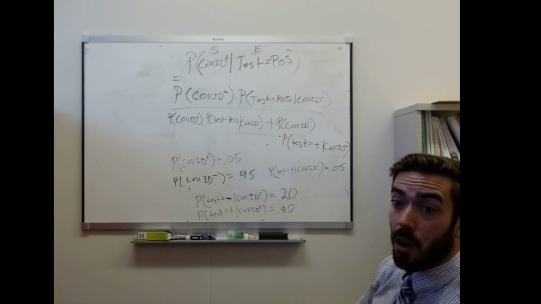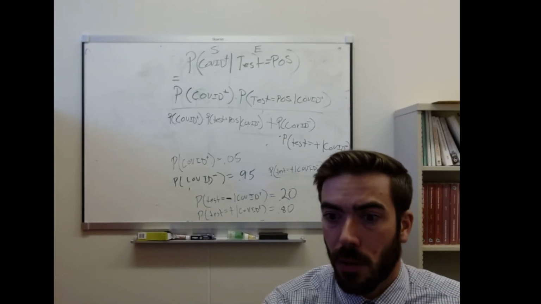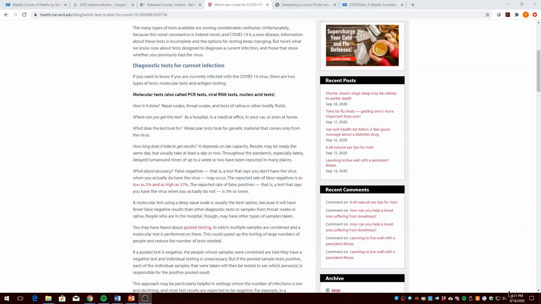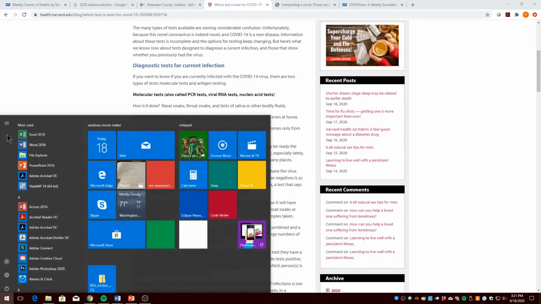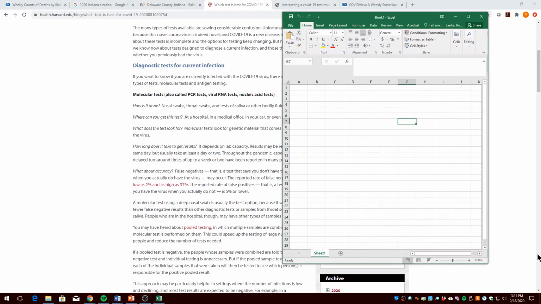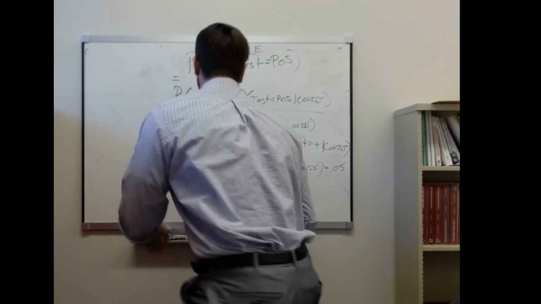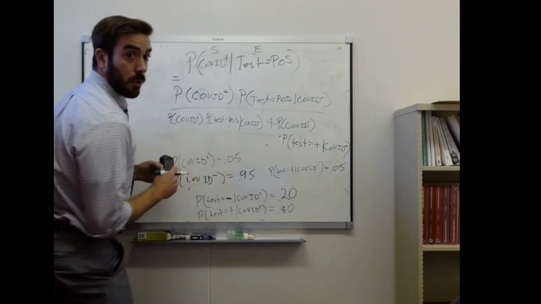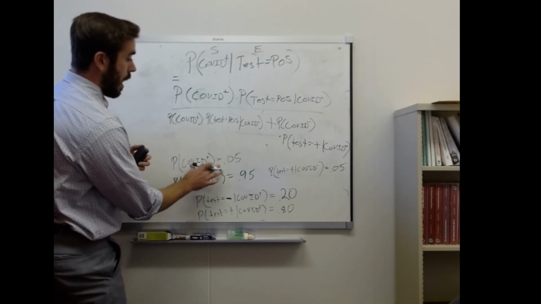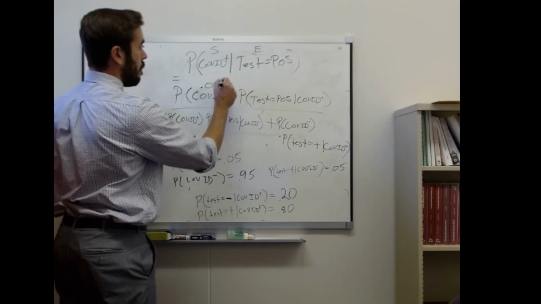So I'm just going to plug all these values in and then use my calculator or Excel. Actually, it might just be easier for you guys if I write this on the board. We'll plug all these values in, right? So the probability that someone has COVID, any one person at random, is 0.05.